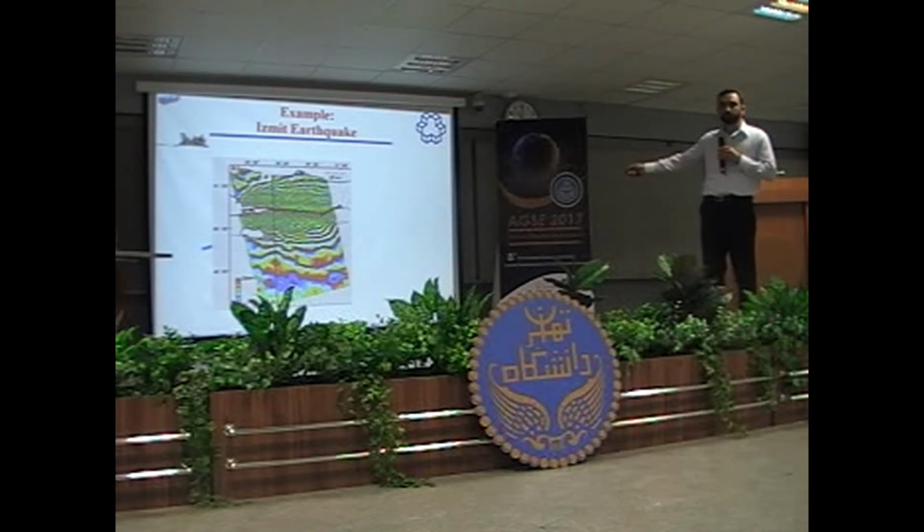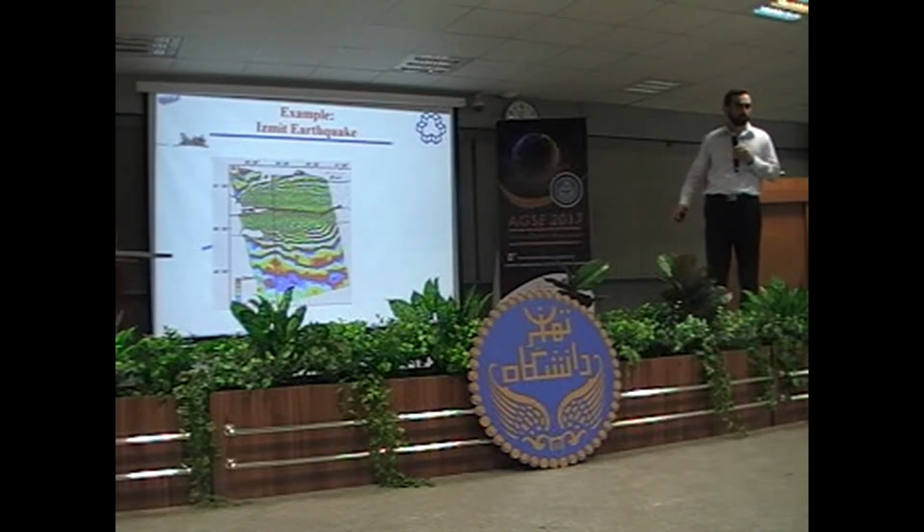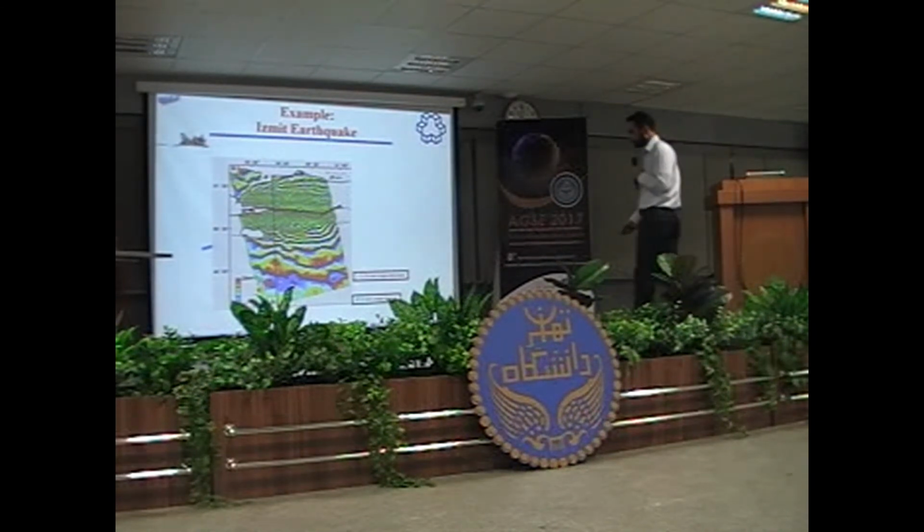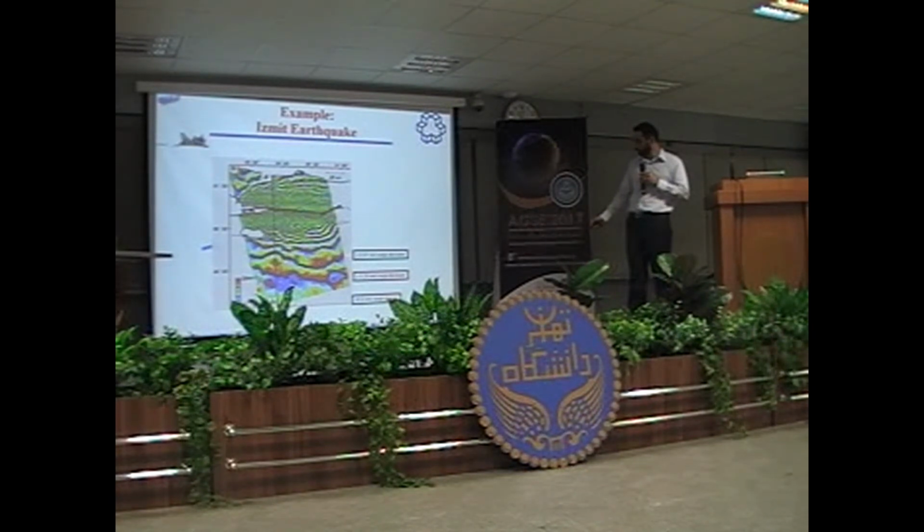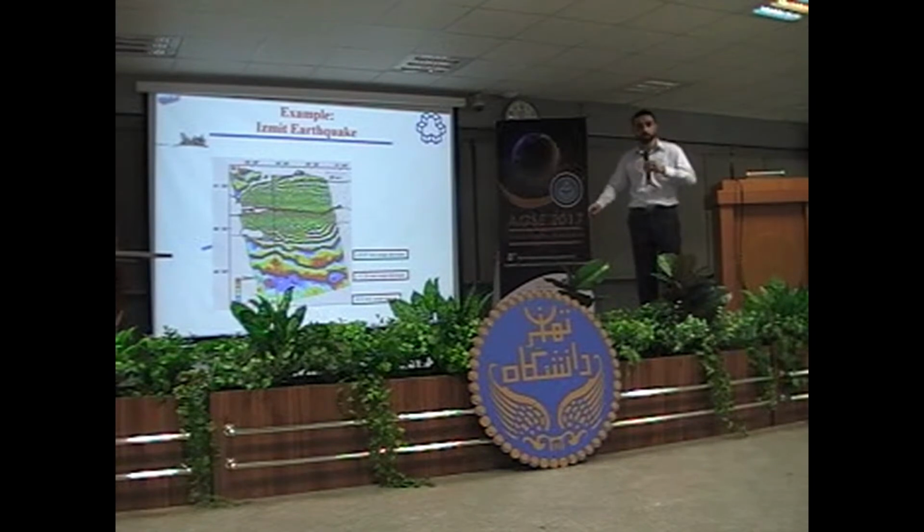This is C band, so 5.6 centimeter, half of that would be 28 millimeter. So from this point to this point, there is 28 millimeter of deformation. From this point to this point, there is another fringe, double as much as this one, which will be 57 millimeter subsidence, or maybe uplift, I don't know.